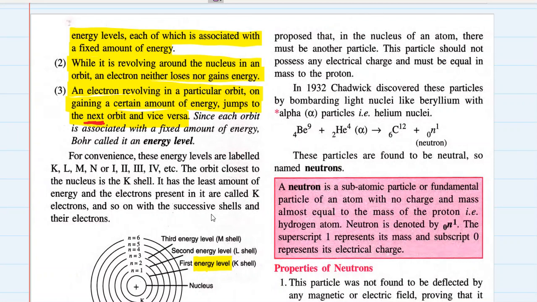Okay, so what does this mean? We can conclude that the electrons which are revolving near the nucleus, in the nearest or the first or the second shell, have got the least amount of energy, and they will revolve around the nucleus with a slow speed.